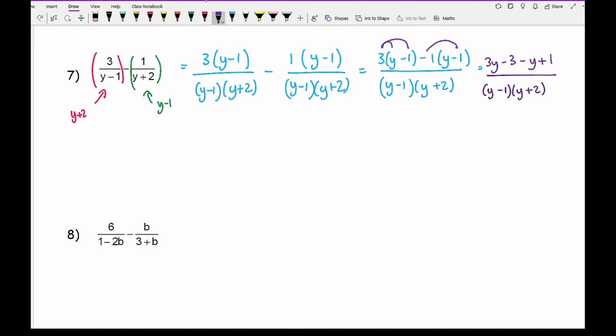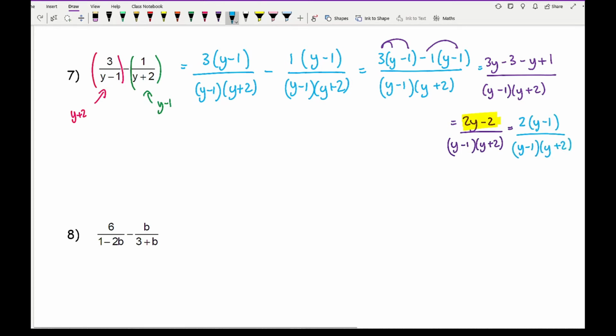So then simplifying the numerator, I've got 2y minus 2 over y minus 1, y plus 2. And then I want to see, does this factorise? Now it does factorise because a common factor is 2. So I've got 2 lots of y minus 1 over y minus 1, y plus 2.